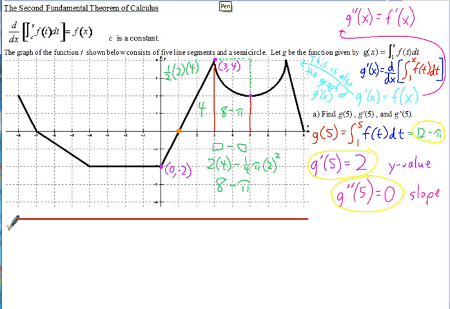So label it G prime of x. And what you're going to look at, since this is the graph of G prime, is again the y value. Just like we looked at G prime of 5, we looked at the y value there, and G prime of 1, we looked at the y value. Because this is the graph of G prime of x. So whenever the graph is the same as your number line, you're just looking at its y values. In other words, whether it's above or below the x-axis.